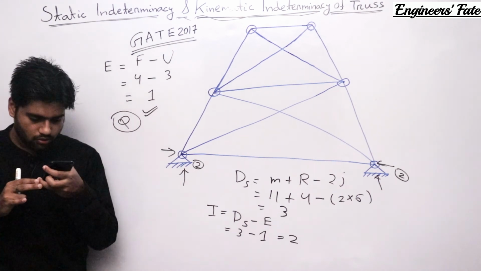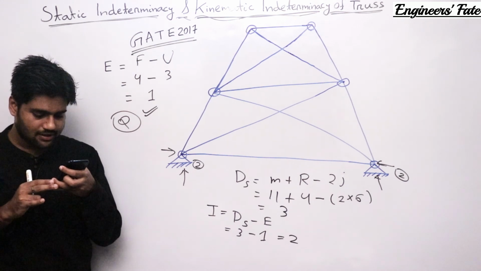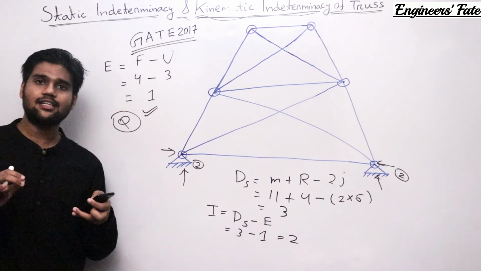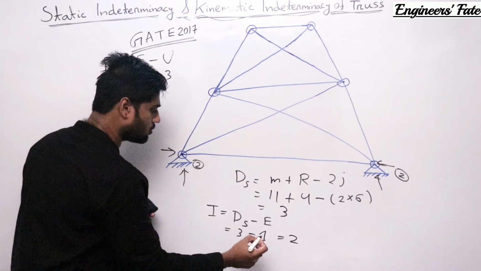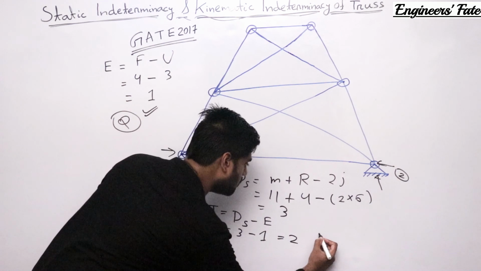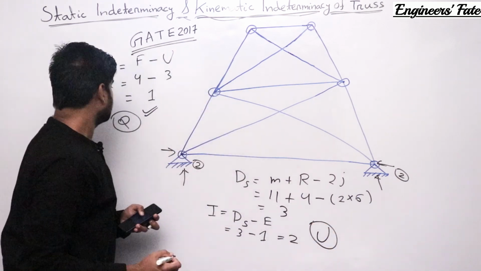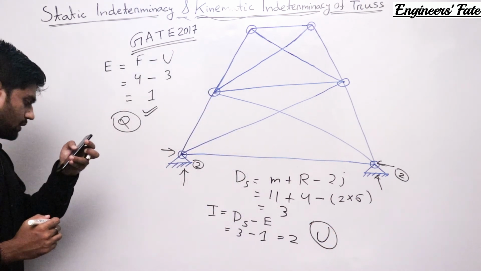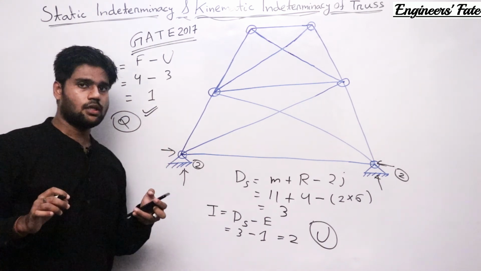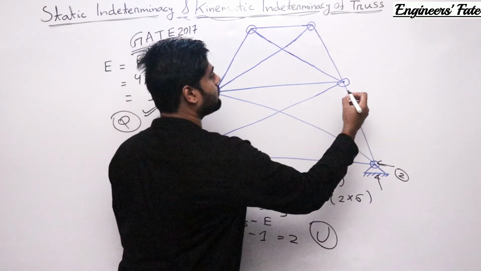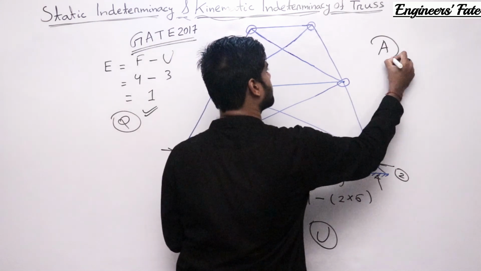T, internal static indeterminacy 1, is also false. The last option, internal static indeterminacy equal to 2, is correct. So the last option U is also correct. So Q is correct, U is correct, and everything else is false, and the correct answer of this question is option A.